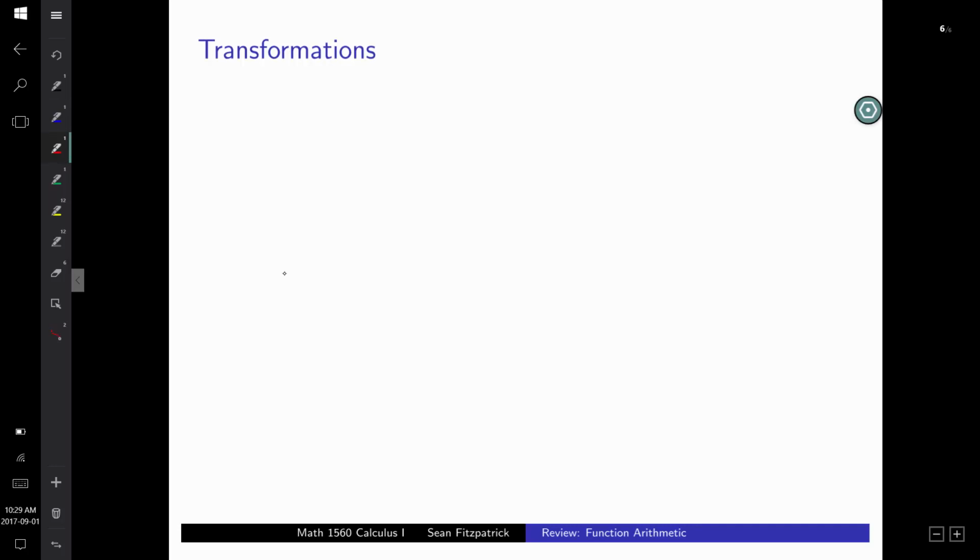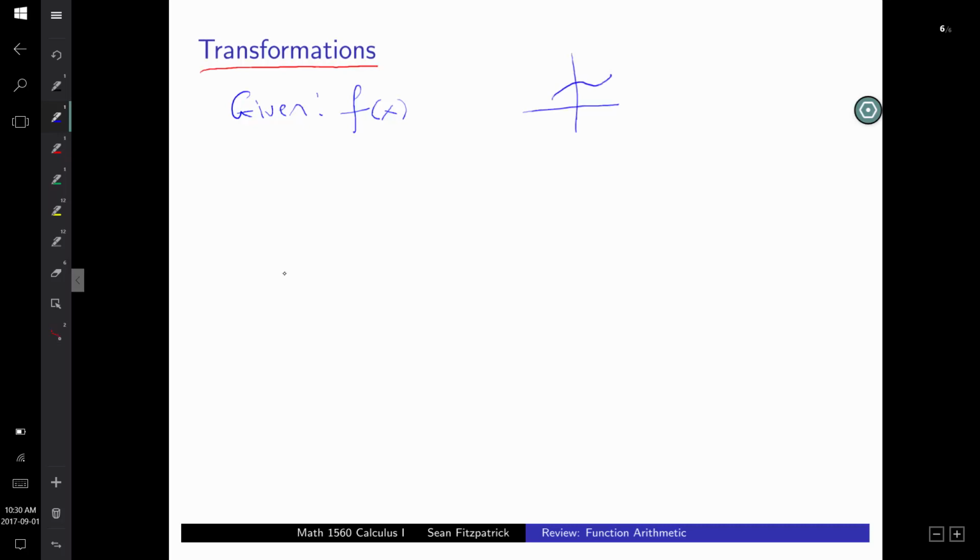Okay. The other place where you might see function composition is this idea of transformations. I'm just going to very quickly mention this because it's something that you've probably seen before and you'll run into it as we move forward. So this has to do with how some basic compositions affect the graph of a function, right? So if I give you, say, f of x, and let's say the graph, I don't know, the graph looks like that, right?